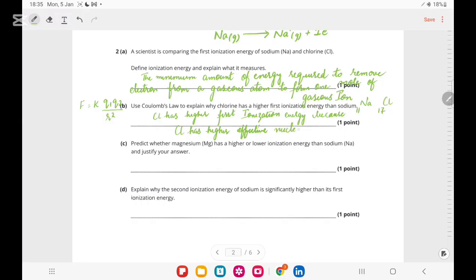Got it? So it has higher effective nuclear charge, and its valence electrons experience a stronger force of attraction.